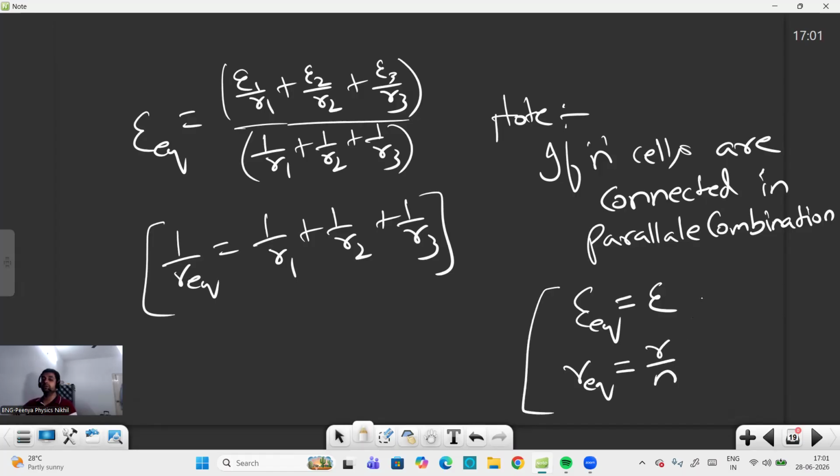Correct now? So E equivalent will be E only and R equivalent equals R by n. If equal EMFs are connected, like 2 volt, 2 volt, then E equivalent will be 2 volt only. If 4 volt, 4 volt, 4 volt are connected in parallel, E equivalent will be 4 volt only. But their R equivalent will be different, R by n.